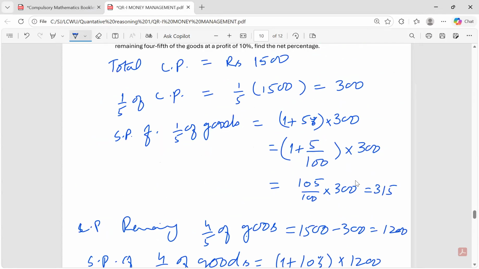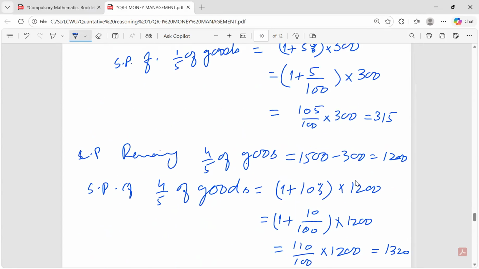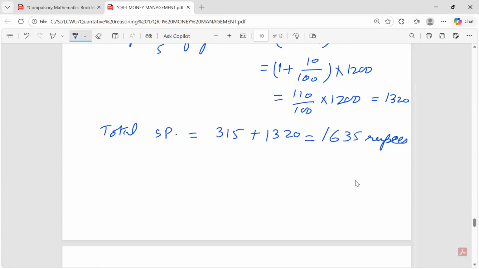So we need to find the net profit percentage. Net profit percentage is equal to profit, 1635 minus 1500, the cost price, divided by the cost price, that is 1500, multiplied by 100.